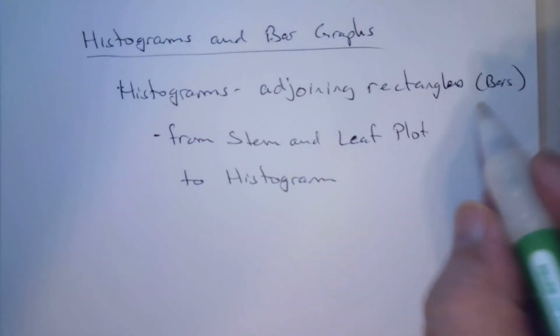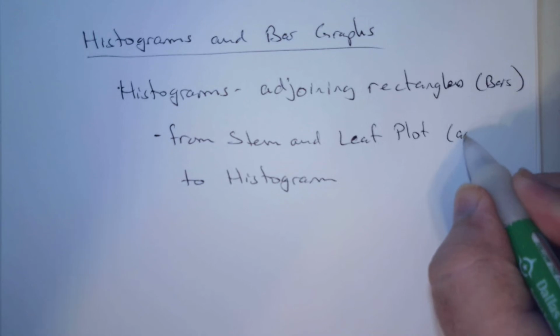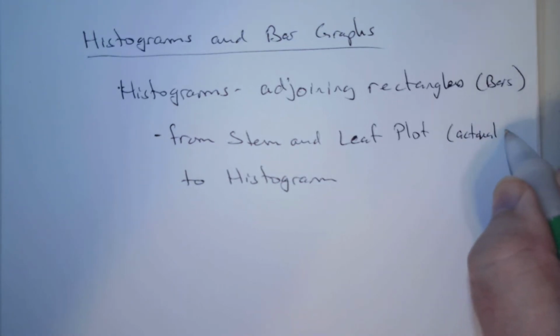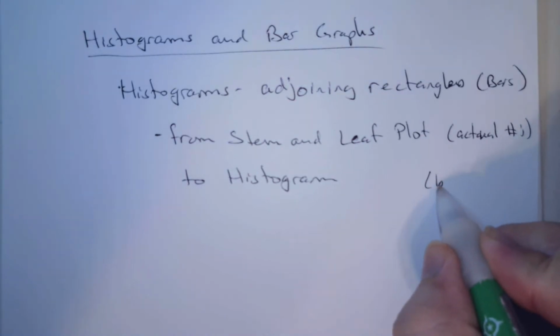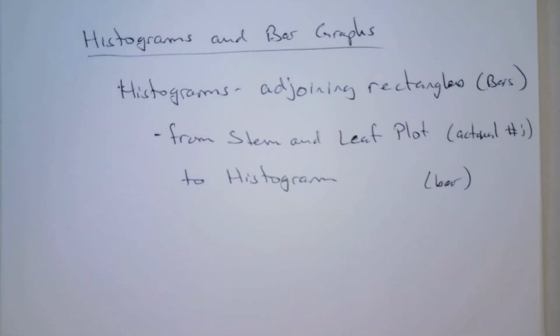So the stem and leaf plot shows the actual numbers. The histogram will be the bars representing it.